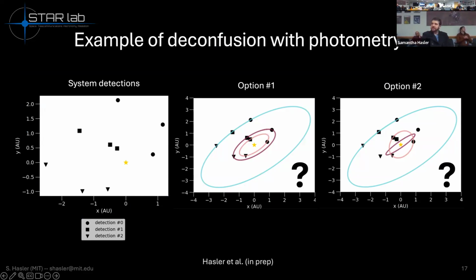Would anything change in that regard? Not in the information that you're feeding to the decomposer per se. All you're giving it is those planet detections, so the squares and the triangles. I guess if that changes your knowledge about where those are, then that would affect your orbit fits. Okay, I gotcha. Very cool.